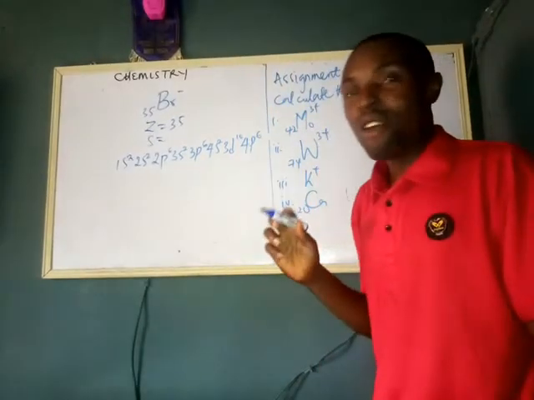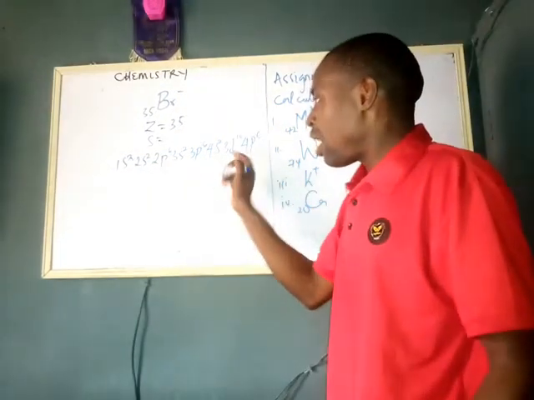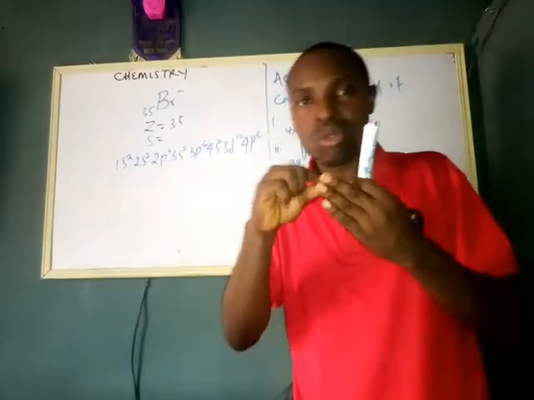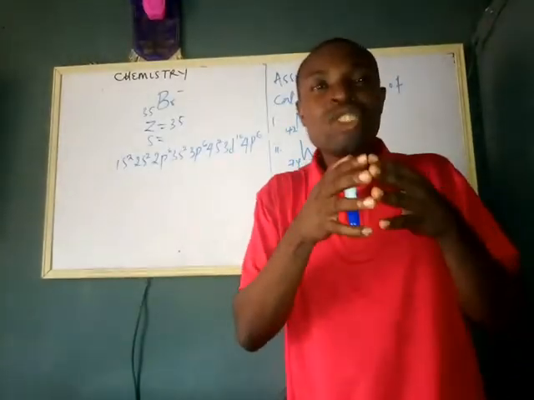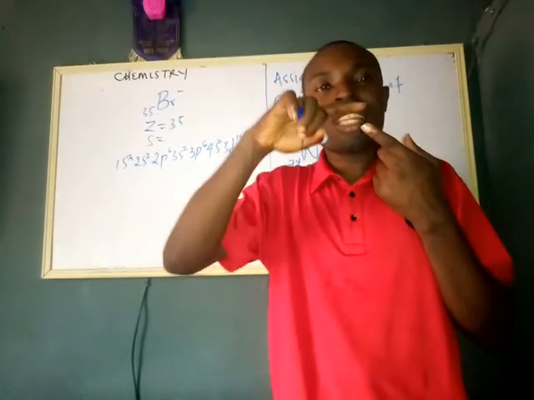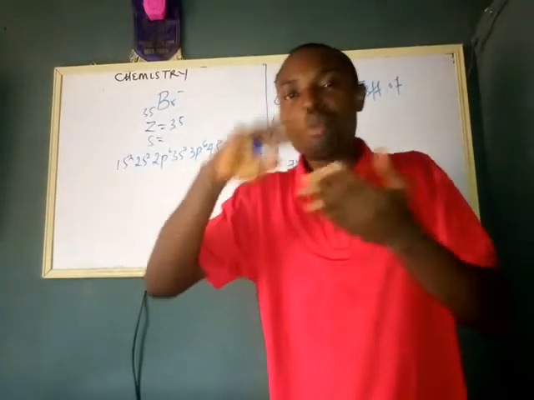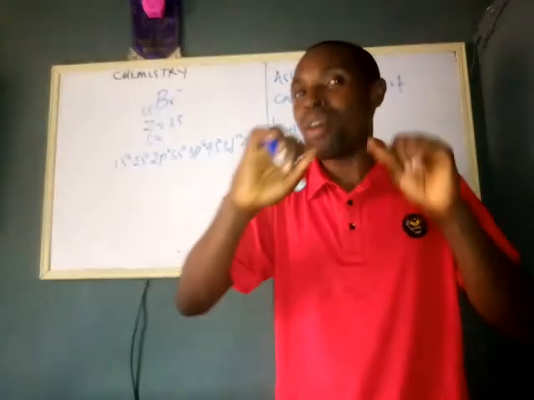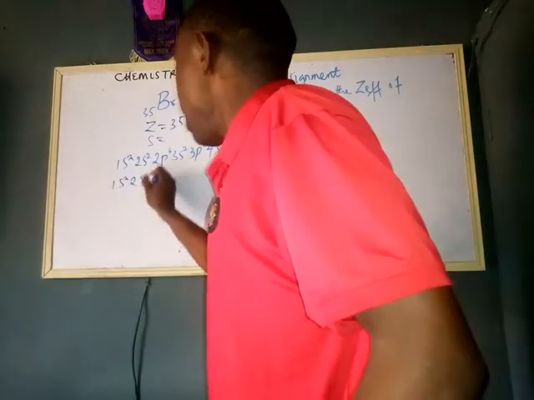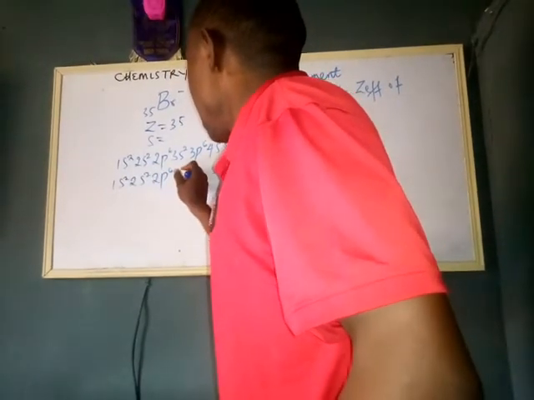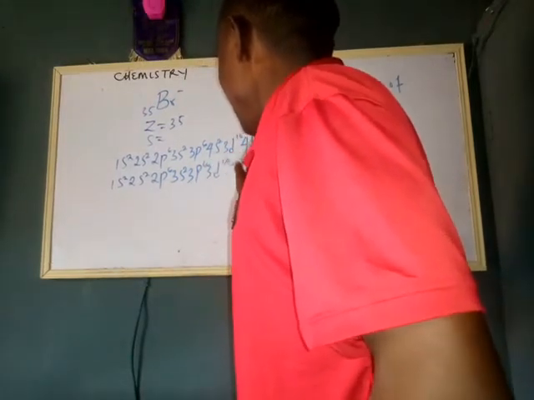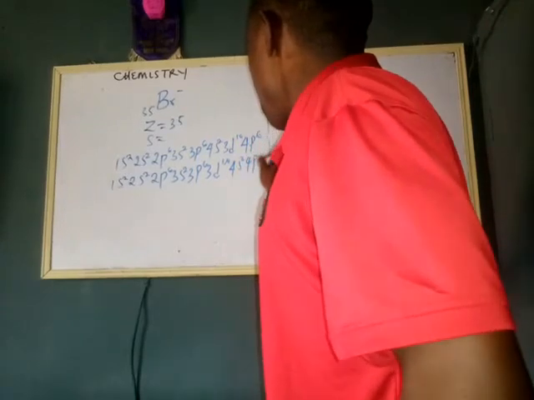4p6. Now we are going to rearrange this configuration to obey the Aufbau rule, which states that electrons first move into lower energy levels before moving to higher energy levels, so we can get our answer accurately. So I can now rewrite it to be 1s2, 2s2, 2p6, 3s2, 3p6, 3d10, 4s2, 4p6.